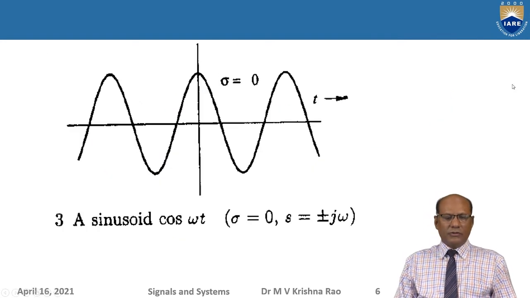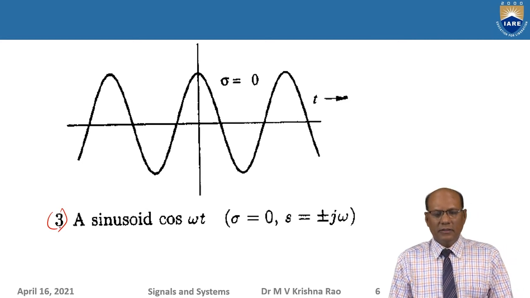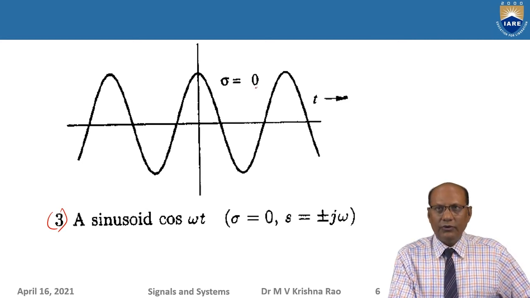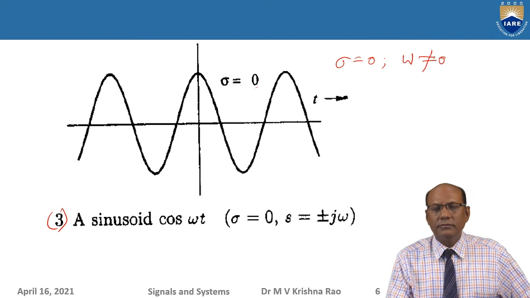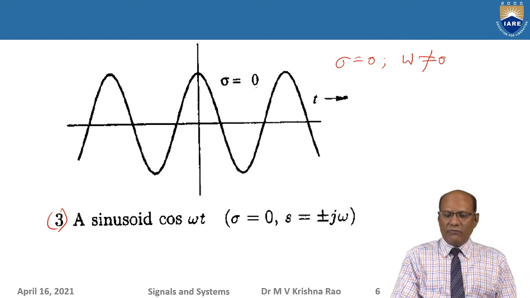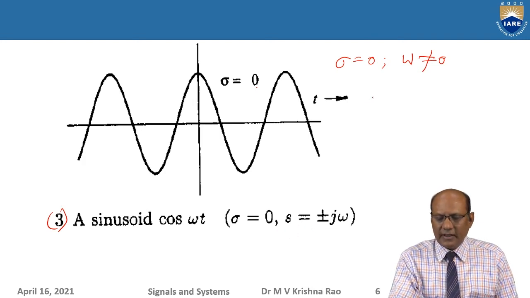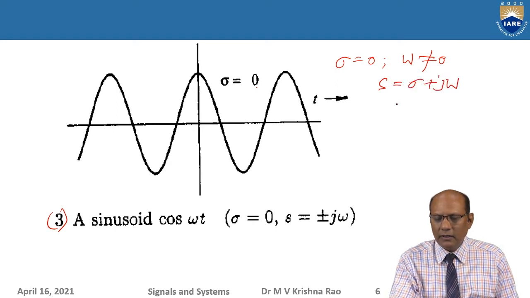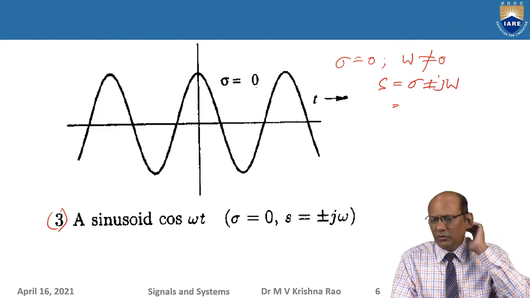Now let us move to the third case. What is the third case? Sigma equal to 0, but omega is not equal to 0. So I have some value s equal to sigma plus j omega, plus or minus, both you can take.